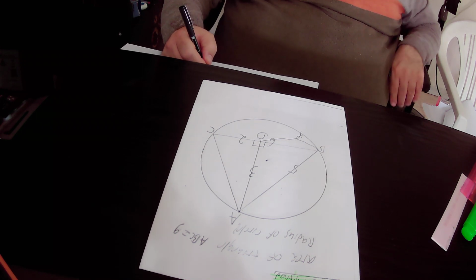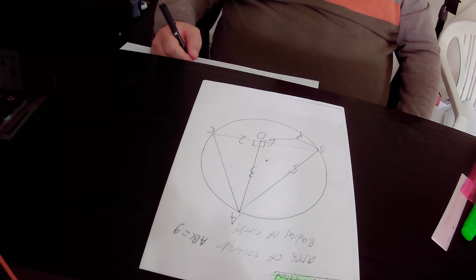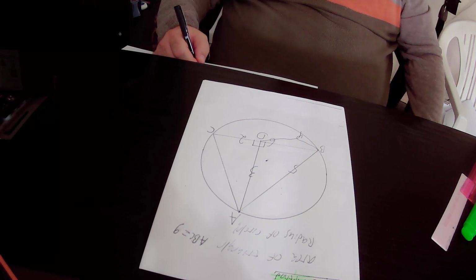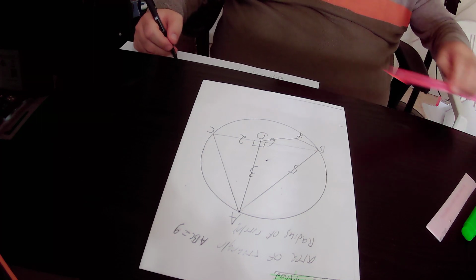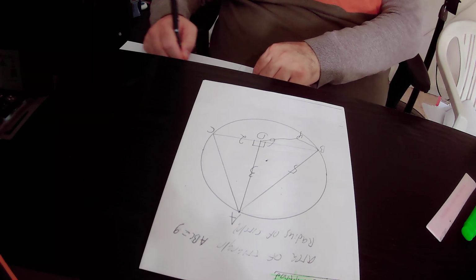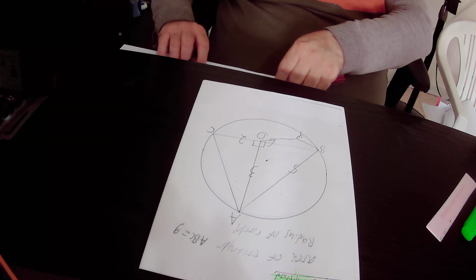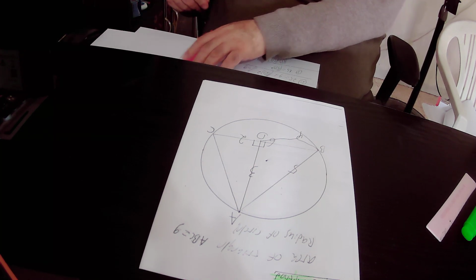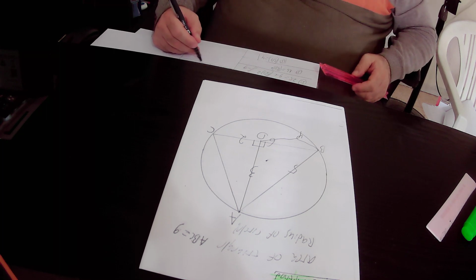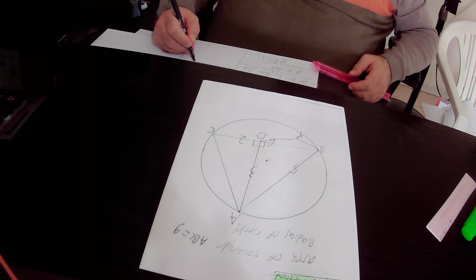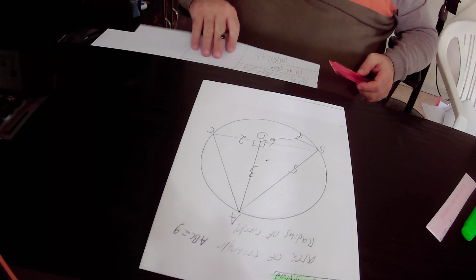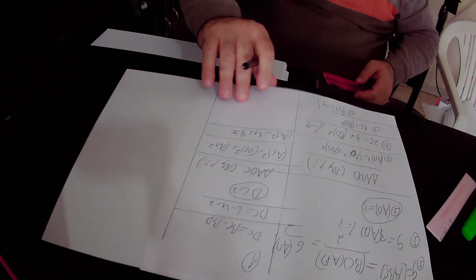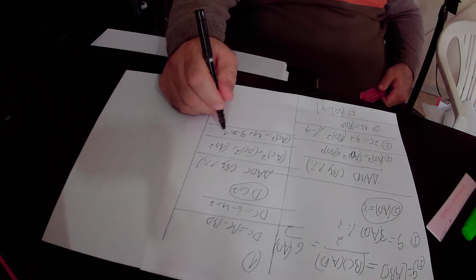So AC squared equals DC squared. DC equals 2, therefore DC squared is 2 squared, that is 4, plus AD squared. AD equals 3, so AD squared is 3 squared, that is 9. So in conclusion, AC squared equals 4 plus 9, which is 13.